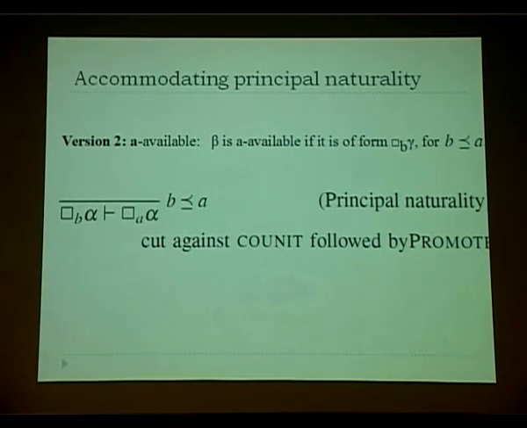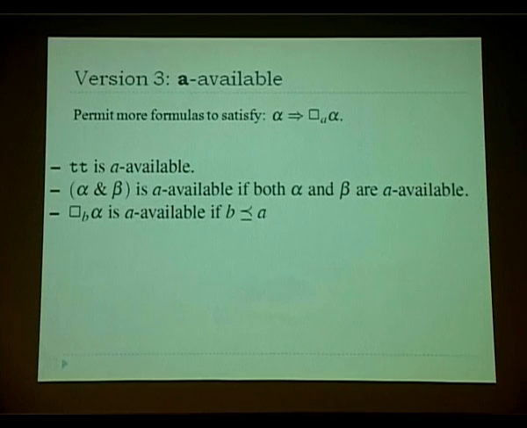And the reason to do it this way is to permit the derivation of principal naturality, like there. So basically, how do you derive this? You start off with box B alpha deriving alpha, and box B alpha is A available, so I can use the promote rule to put a box A on the right. So the point of weakening is to allow principal naturality, okay? Maybe that's not as controversial, okay?